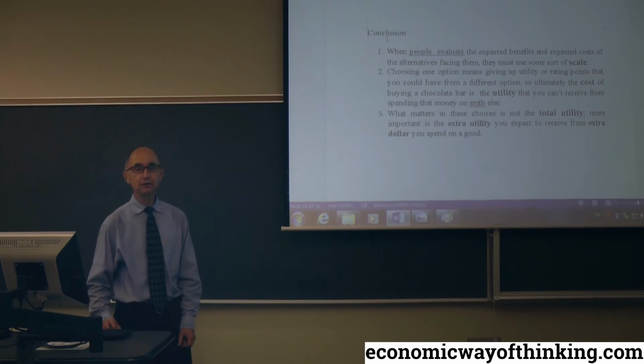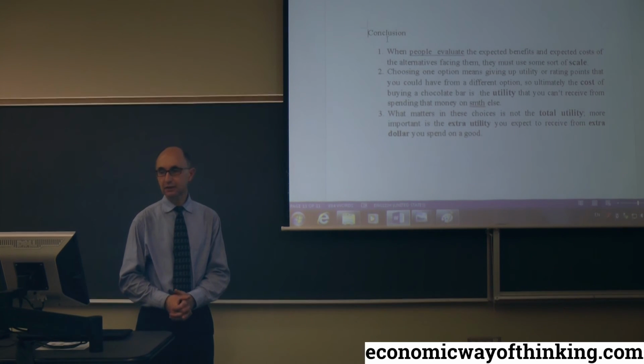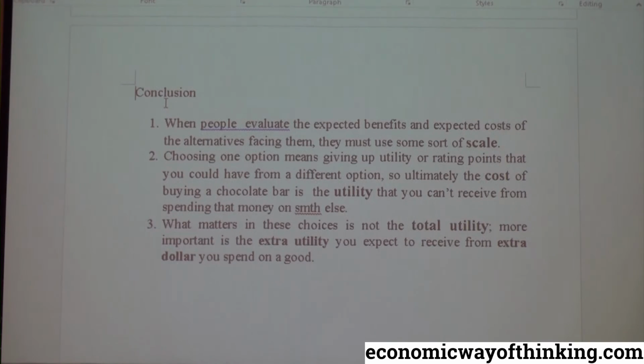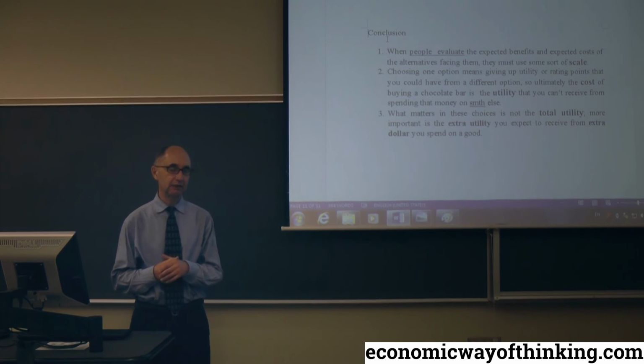So now we want to make a conclusion about all our discussion of this chapter. First of all, we look at the decision process behind the demand curve. When people evaluate the expected benefits and expected costs of the alternatives facing them, based on that comparison, they will make a decision which way to go.